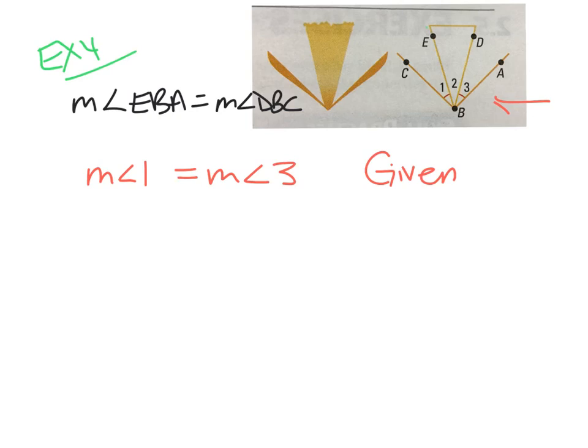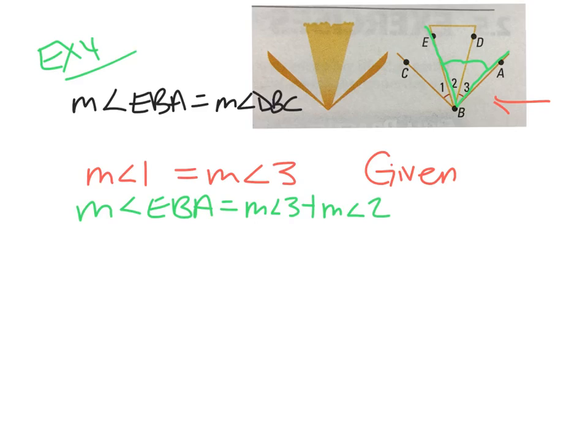If I say EBA, what do I know about that looking at those angles? They are the makeup of this angle and this angle, right? So I could say the measure of EBA equals the measure of angle 3 plus the measure of angle 2. Can we agree on that?